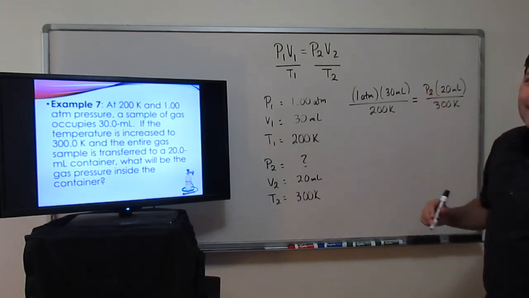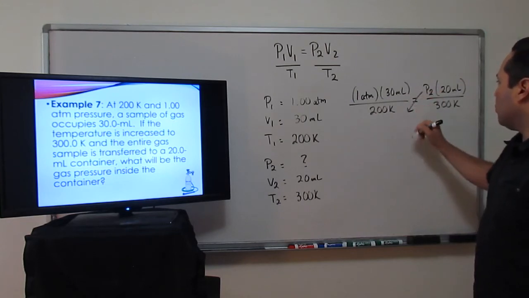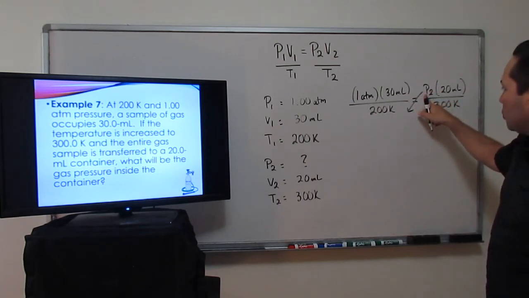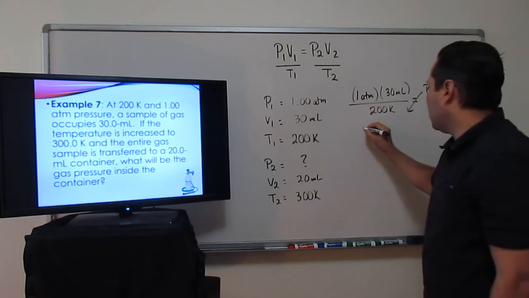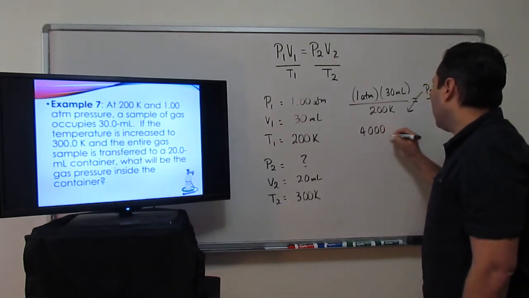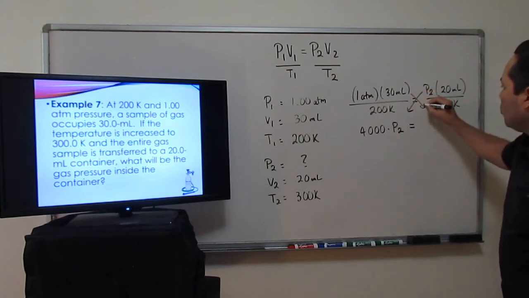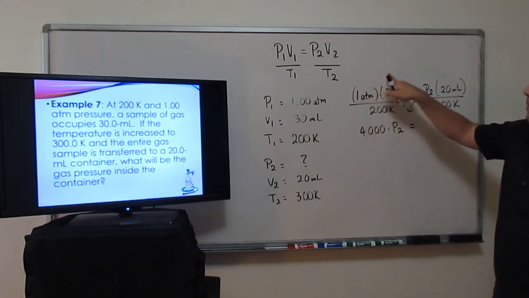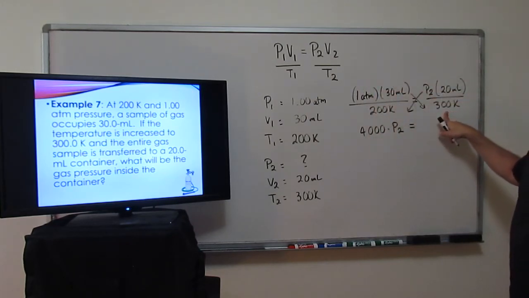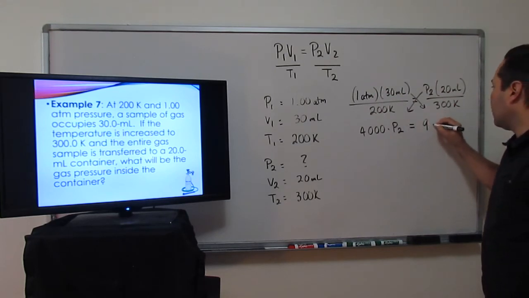Our goal is to isolate that P2, so we cross multiply 20 times P2 times 200. That's going to give us 4,000 times P2. And cross multiply here again, 1 times 30 times 300. That's going to give us 9,000.